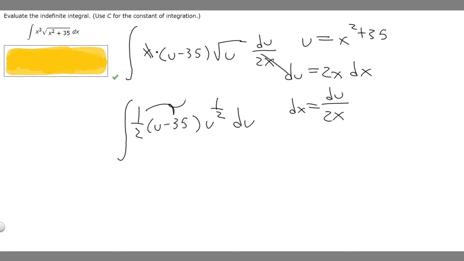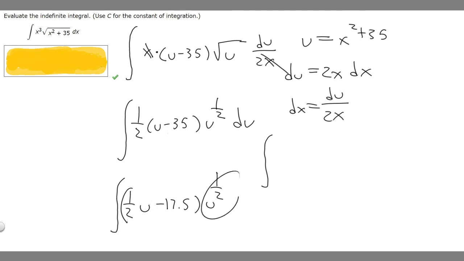And so what we want to do next is simplify this. So we're going to multiply everything together. We're going to do this part first. So 1/2 times u is just 1/2 u. Then 1/2 times minus 35 is minus 17.5. And then we're multiplying by u to the 1/2. So 1/2 times u to the 1/2: u is just u to the 1, times u to the 1/2, we can add the exponents.